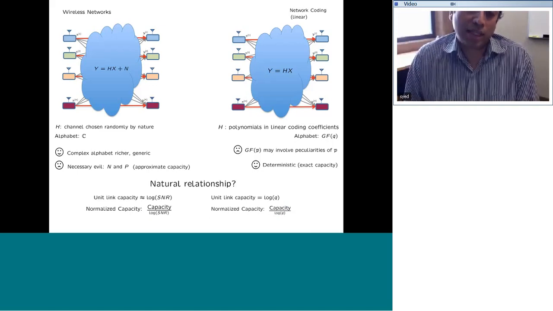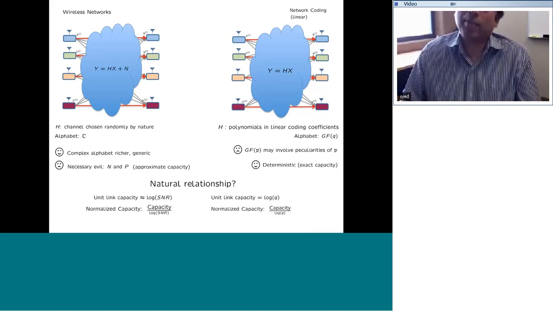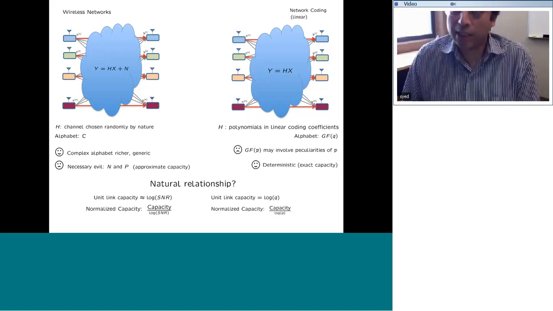So in the wireless setting, for example, you would like to express capacity as normalized by the capacity of a single link, the capacity divided by log SNR. In the network coding setting, you would again normalize by the capacity of a unit link. So you would divide capacity by log of Q. So these are normalized capacities.